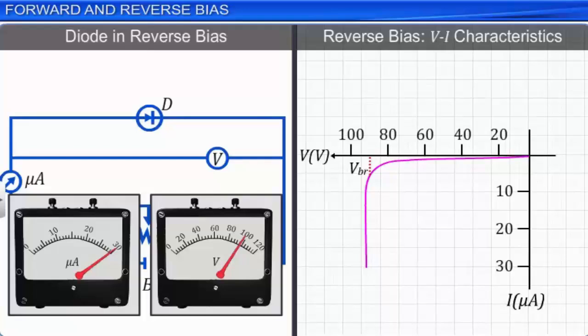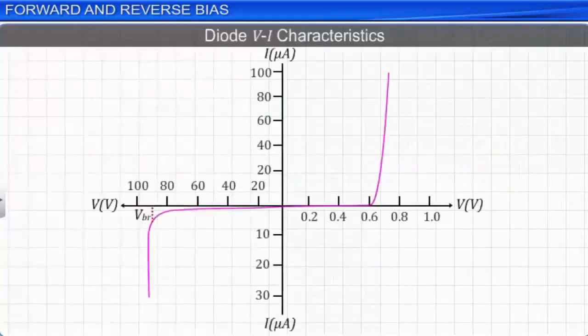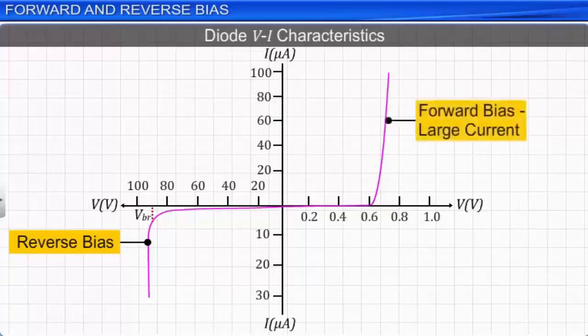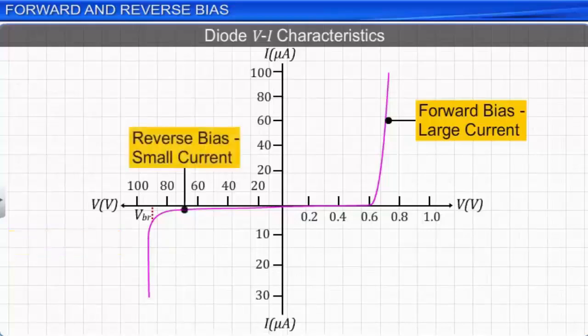The VI characteristics of a diode in forward bias and reverse bias are shown on the same graph for a comparison between them. We observe that a diode allows a large amount of current to flow when forward biased. In reverse bias, a diode allows a very small amount of current to flow unless it is operated in the breakdown region.